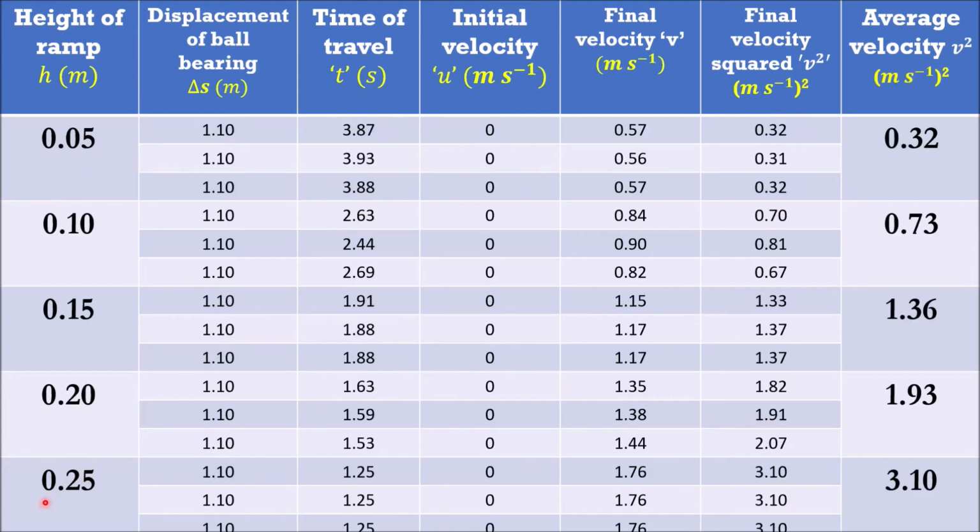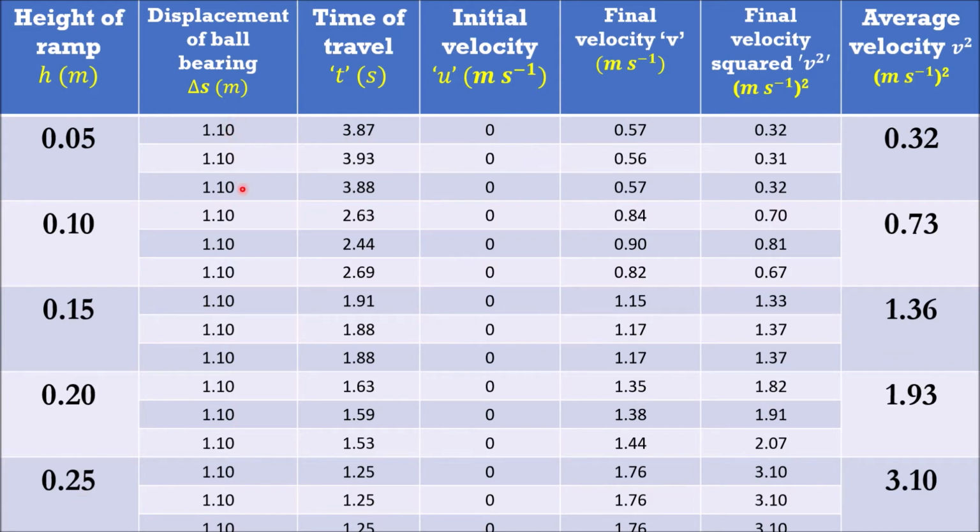If you go at a height bigger than 0.3, so like 30 centimeters, it does get a little bit hard to record because the effect of gravity on the ball will be stronger just because of the angle you put onto it.